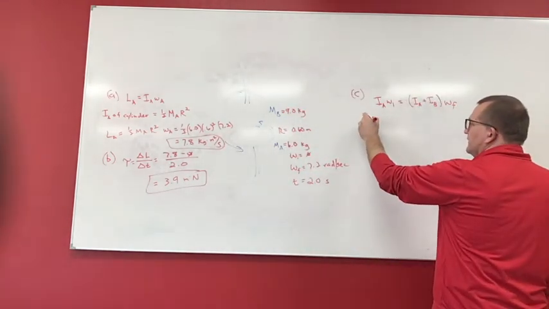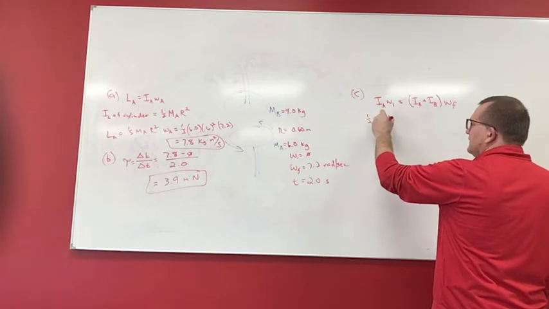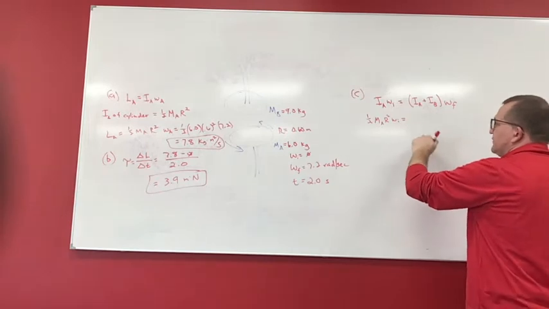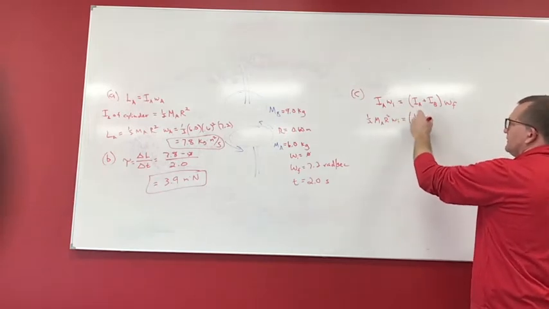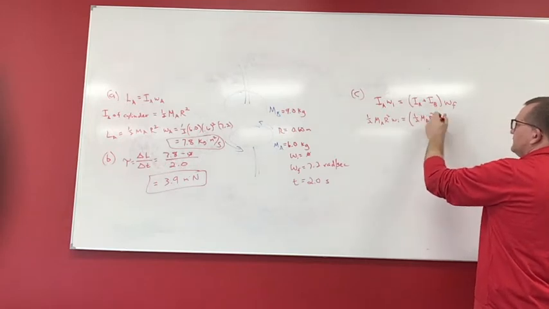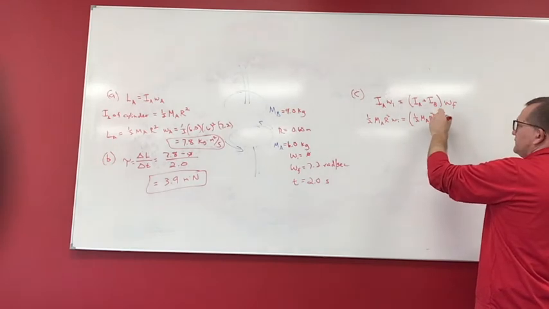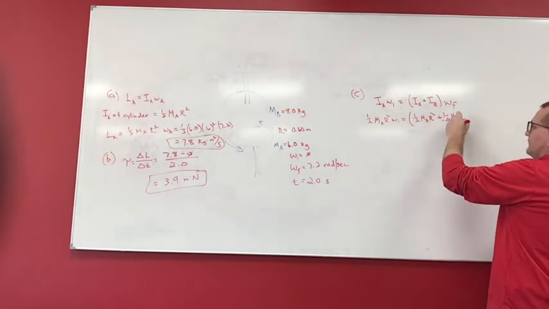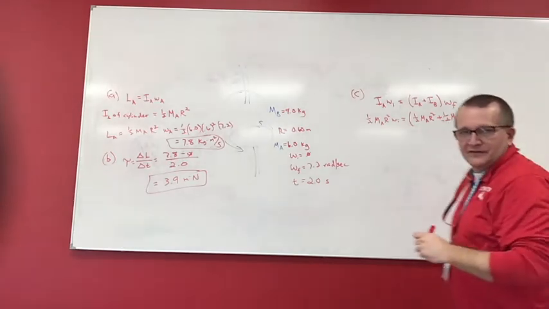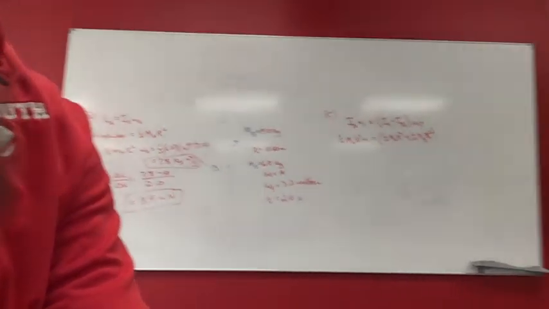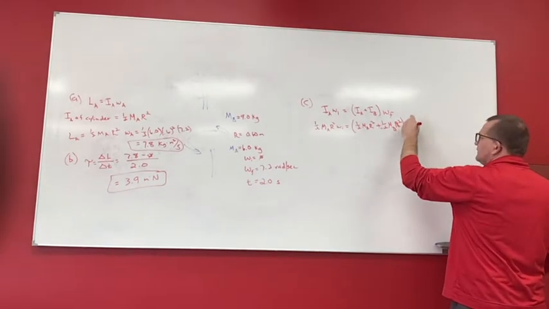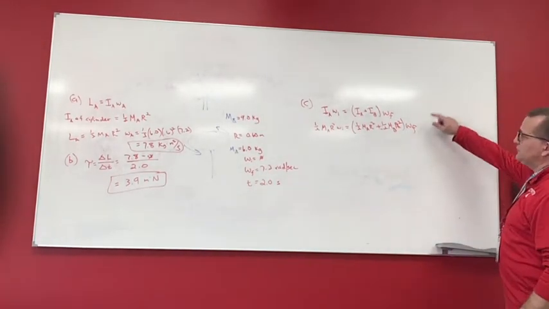So I go 1/2 ma r squared wi equals, and then this is going to be 1/2 ma r squared, whatever this, right, plus 1/2 mb r squared, for what we're solving for.